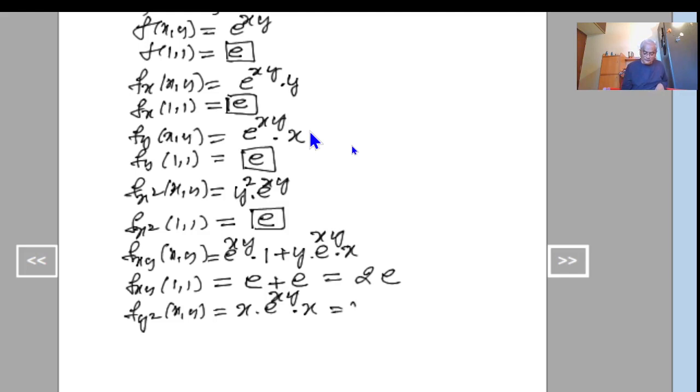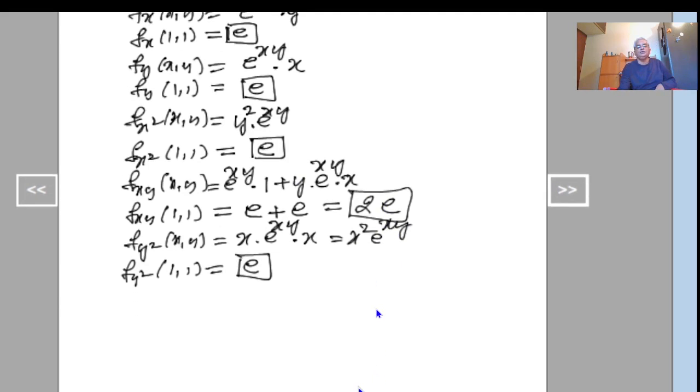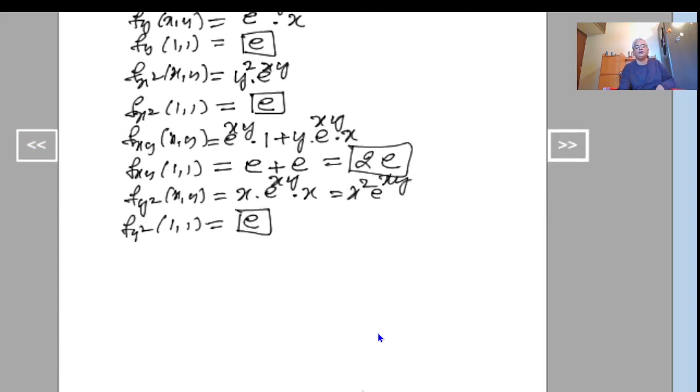This is equal to x square into e power of xy. Okay. Now, fy square at the point 1 comma 1 is equal to, put x equal to 1, y equal to 1. Then this becomes 1 e power of 1. This is equal to e itself. Okay. So these are the values of partial derivatives at the point 1 comma 1.